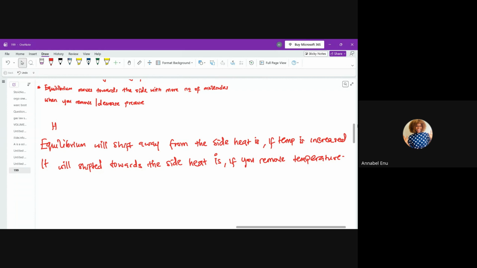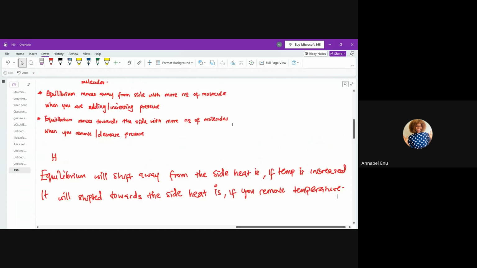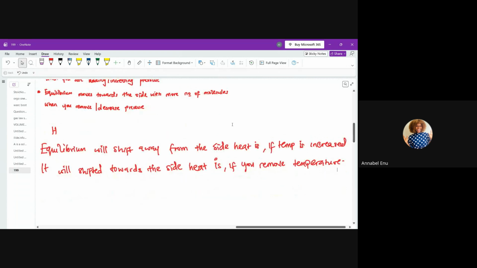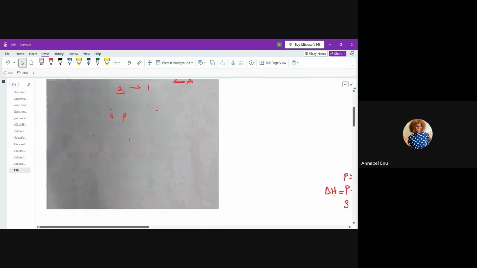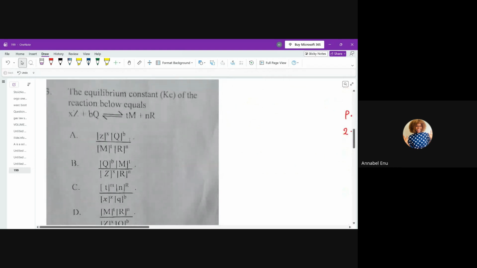So it's somehow similar to that of pressure, but this time we are considering the side where our enthalpy is, or rather where our heat is, if it is absorbed or released. So let us see an example that explains this.